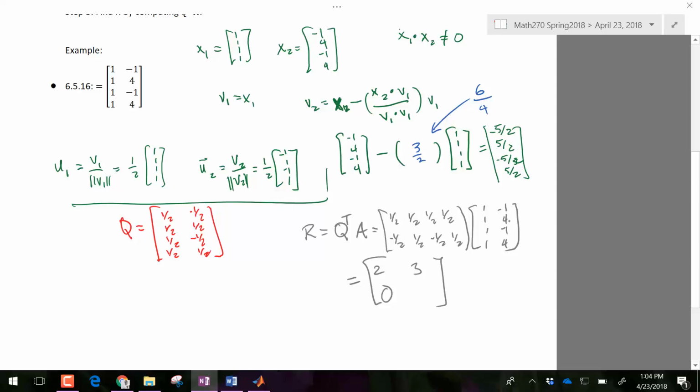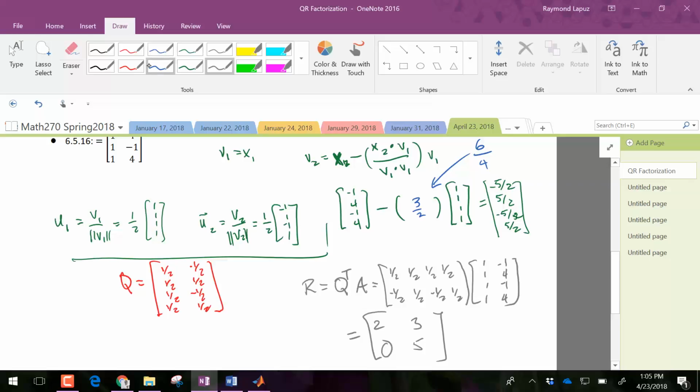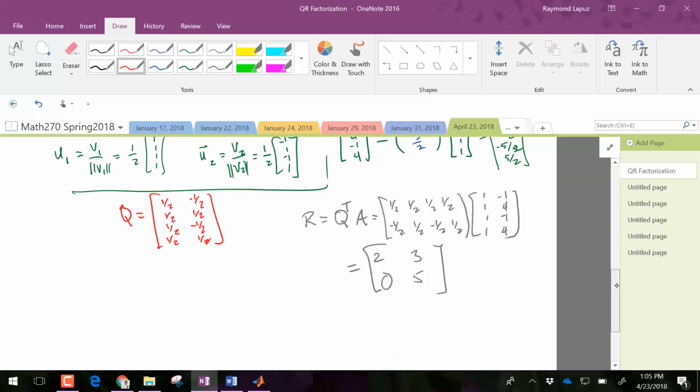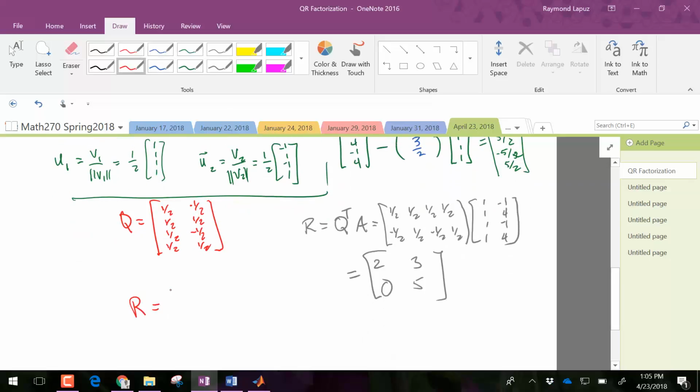So that's 1/2 plus 2 plus 1/2 plus 2, or 5. This is your R. That's it. And if you multiply Q times R, we should get your original matrix A back.